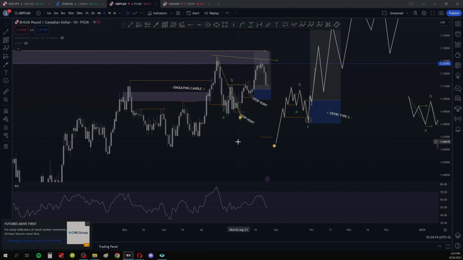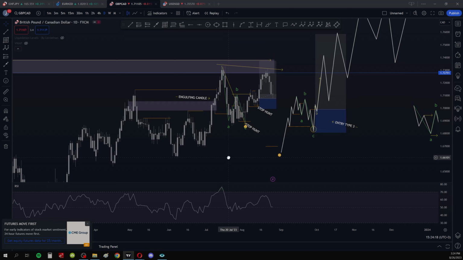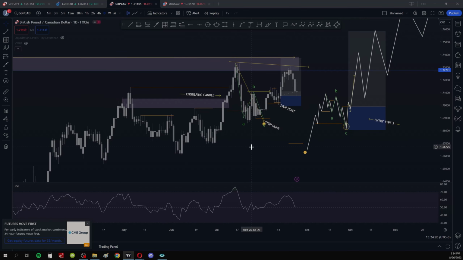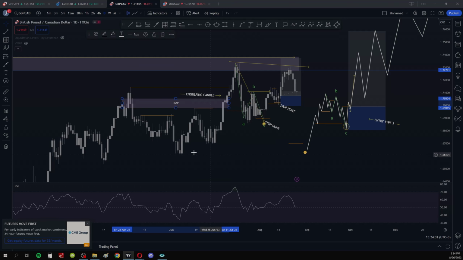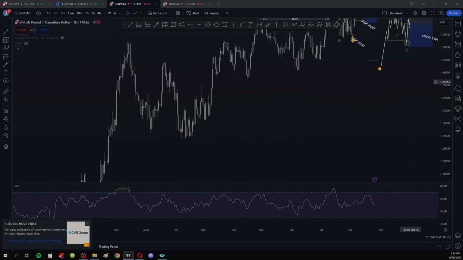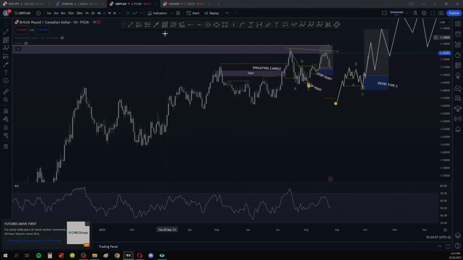So what we are talking about today is how we can take trades from these supply zones that actually are a trap in this system. As you can see here, we are in an uptrend, right?